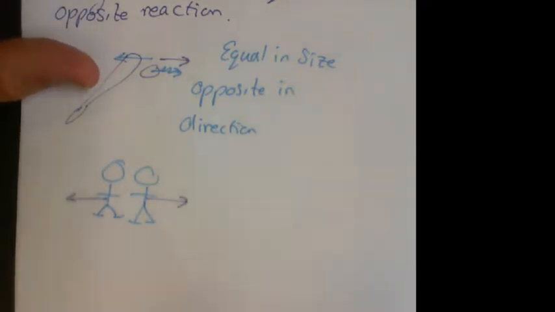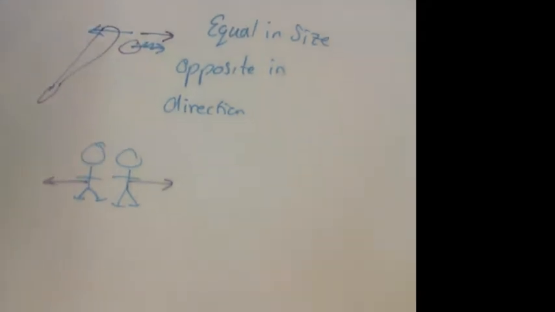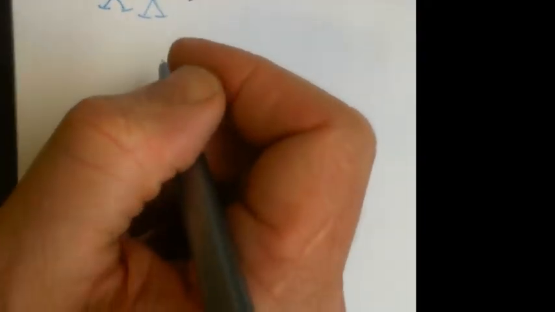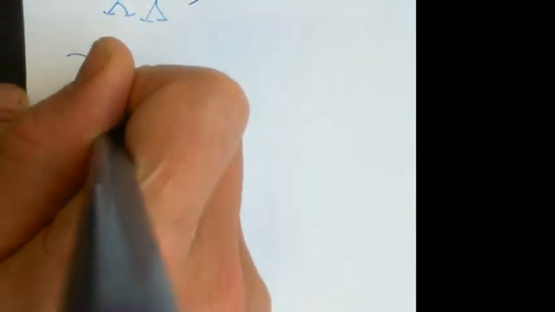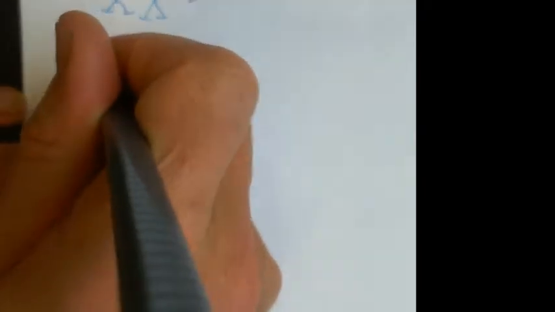Where it gets confusing is where you get some examples where it's very unbalanced in terms of what's happening. So the example I want to give is a fly hitting a car windscreen.